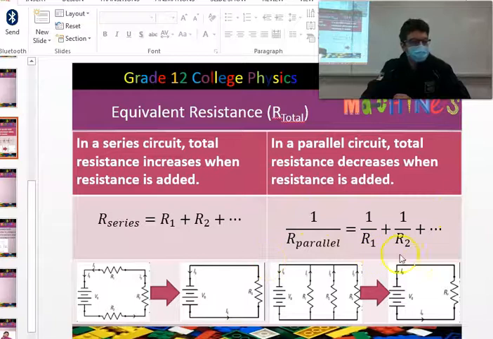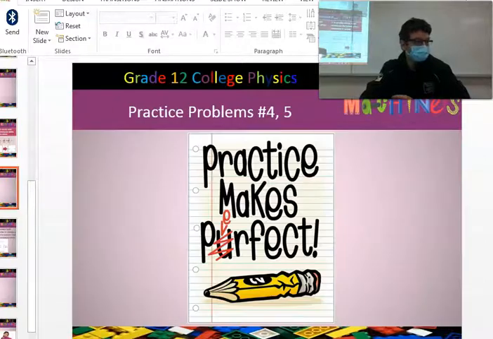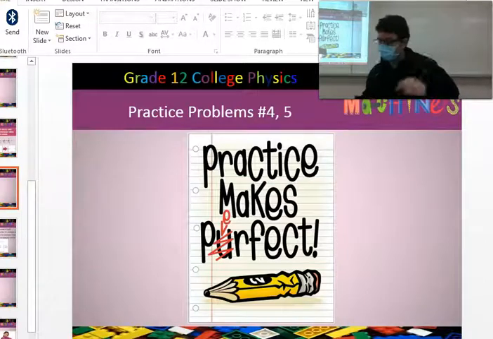The mathematical relationship says that 1 divided by that total equivalent resistance equals 1 divided by this resistance plus 1 divided by the second resistance plus 1 divided by the third resistance, and so on. And those are all fractions, so you can't just take the reciprocal of those. Okay, we'll do an example where we have to solve those. Okay, well, 2 examples, so 4 and 5.